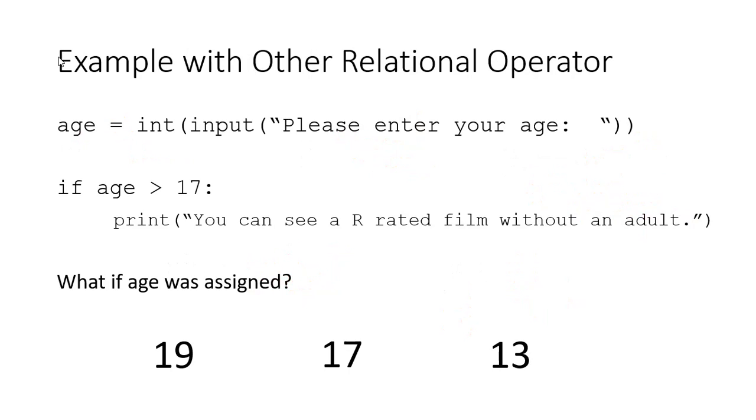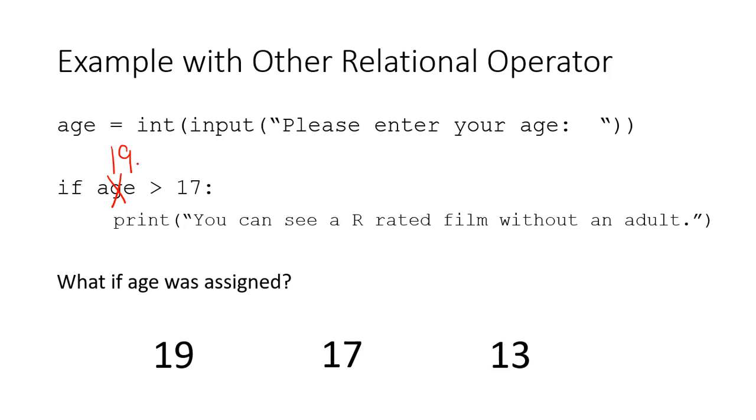So let's try another relational operator. I have age equals int input, please enter your age. I check to see if age is greater than 17, and I want to print, you can see an R-rated film without an adult. What if age is assigned 19? What if the person types in 19? The computer is going to go, age is 19.